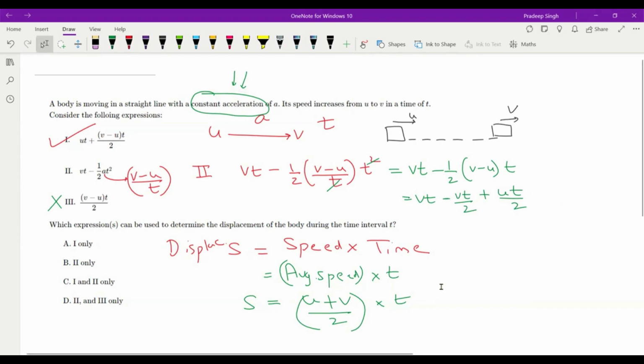Yeah, sir, it comes to that only. It comes to our third expression, u plus v upon 2. Which means it matches, right? So in the exam, this is what you do. Just replace the acceleration and check.